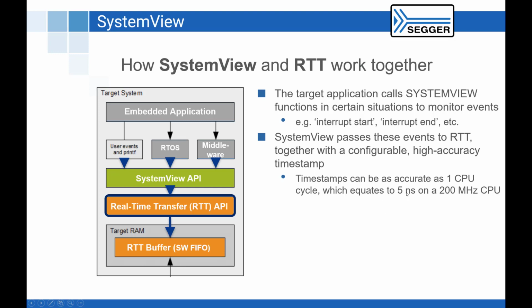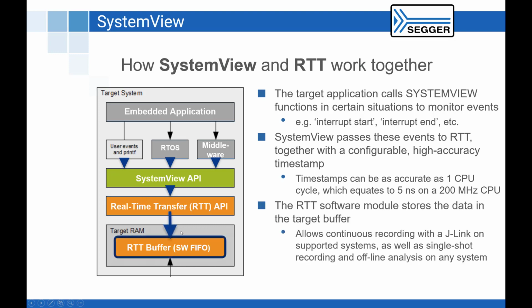As accurate as 1 CPU cycle, which if you're running at 200 megahertz, is about 5 nanoseconds, so that's a pretty small time frame. And then RTT stores the collected data in the target buffer, and that allows the connected J-Link to continuously record what's going on in the system.